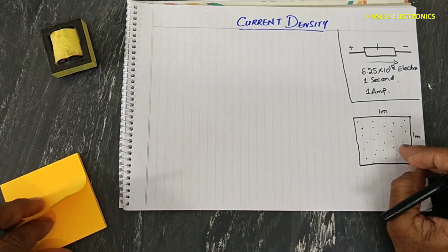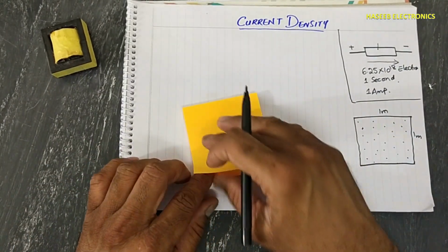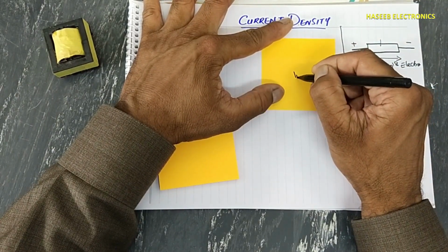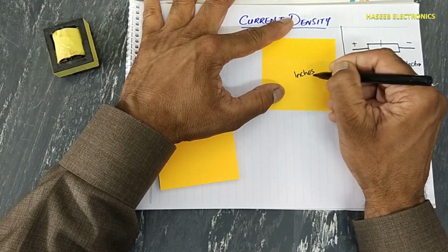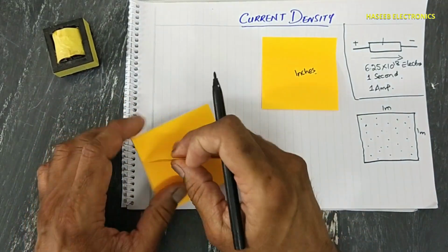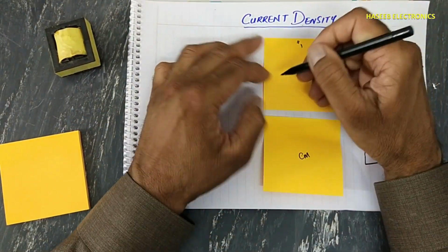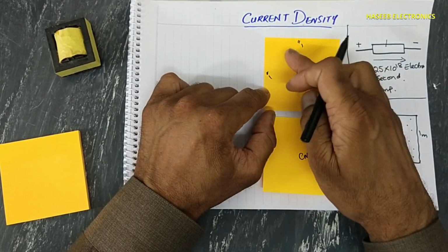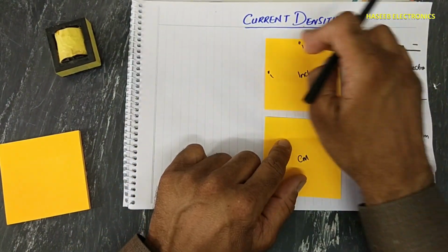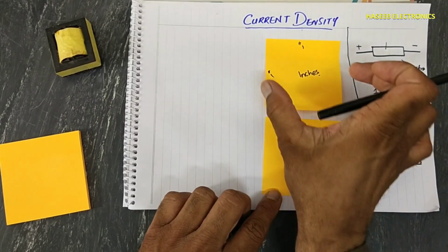When we take dimensions, one measurement system is inches, the second is centimeter. If we say 1 inch, it is 1 square inch for the same area.